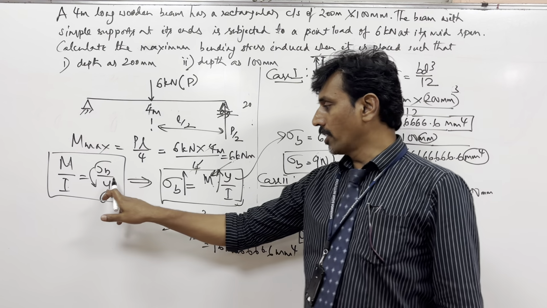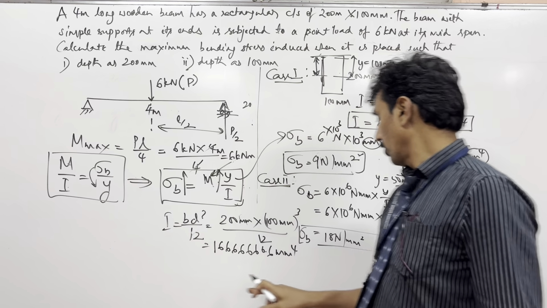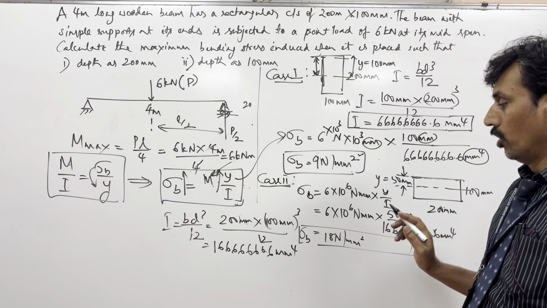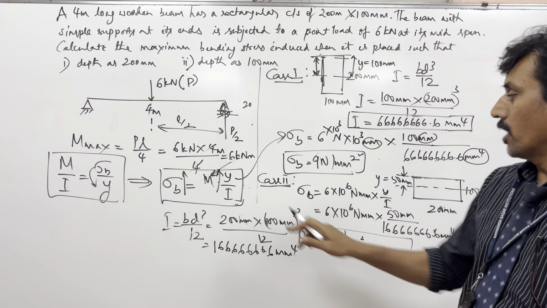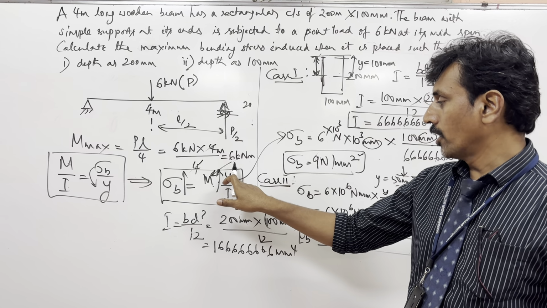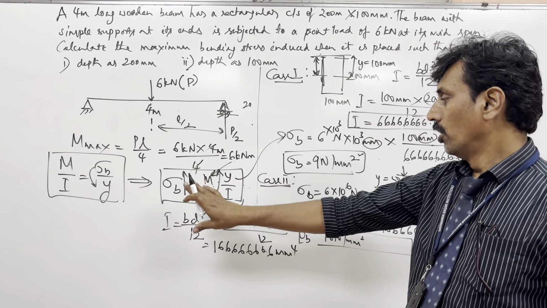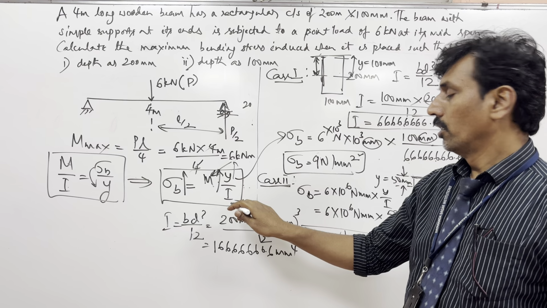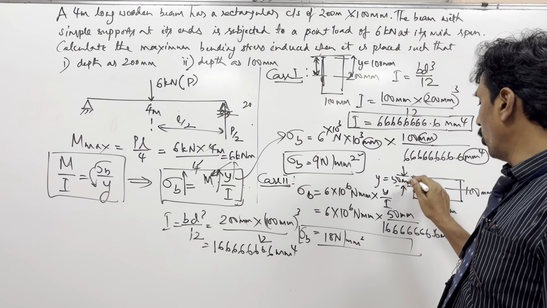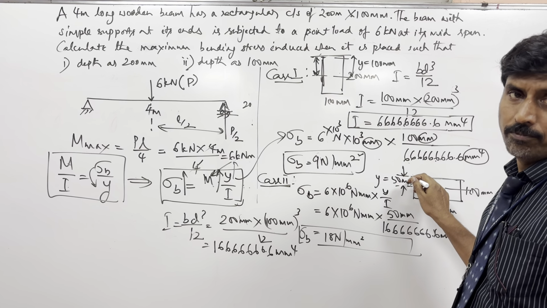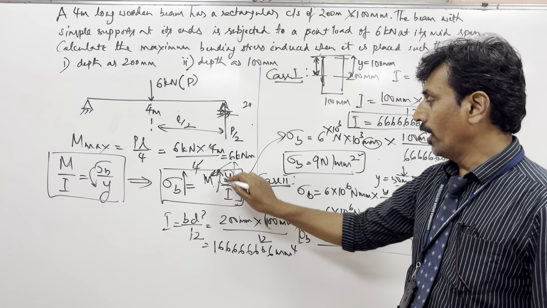If you substitute y as 0, you get the stress at the neutral axis, which is 0. So it is always proportional to y. Y can vary from 0 to 50. Maximum is 50.